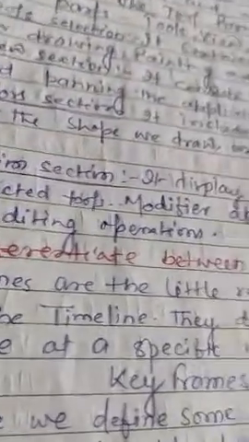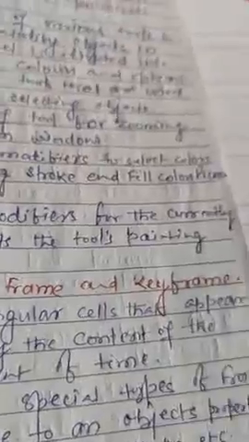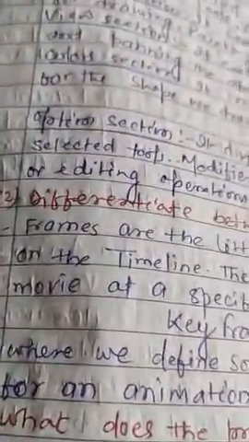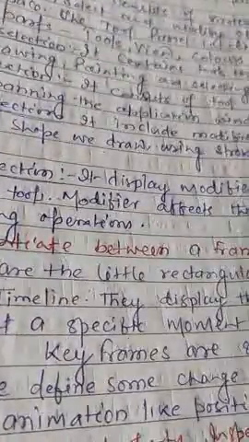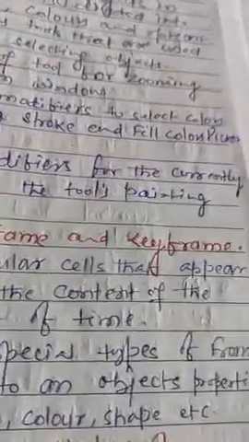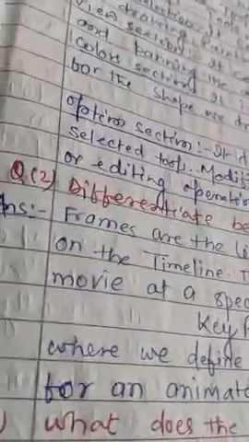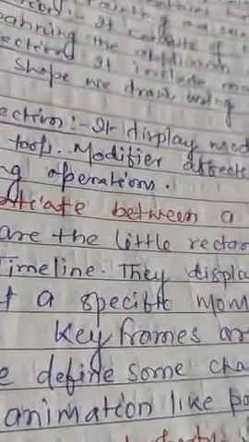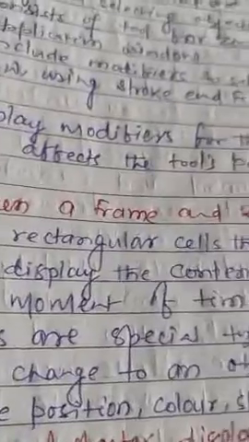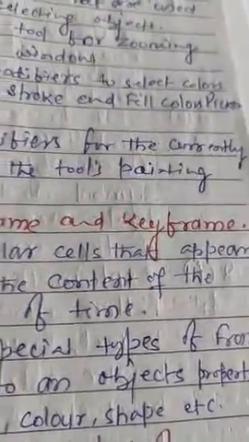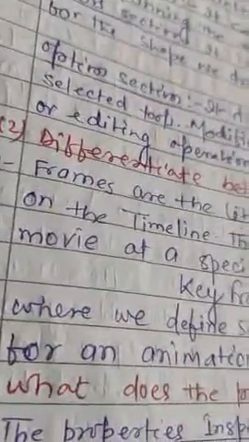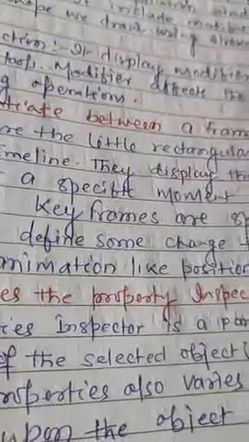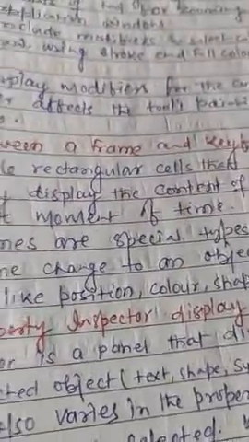Second question, differentiate between a frame and a keyframe. Frames are the little rectangular cells that appear on the timeline. They display the contents of the movie at a specific moment of time.